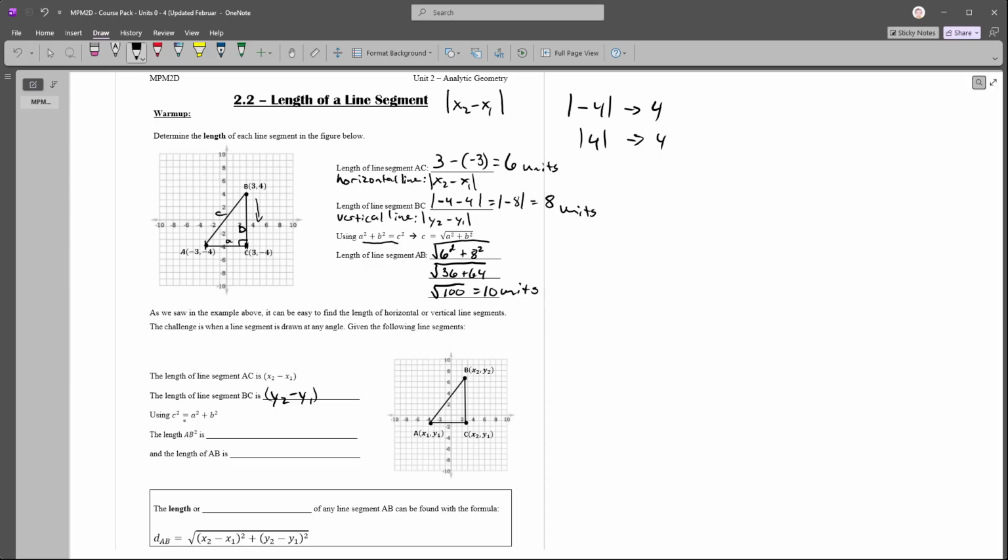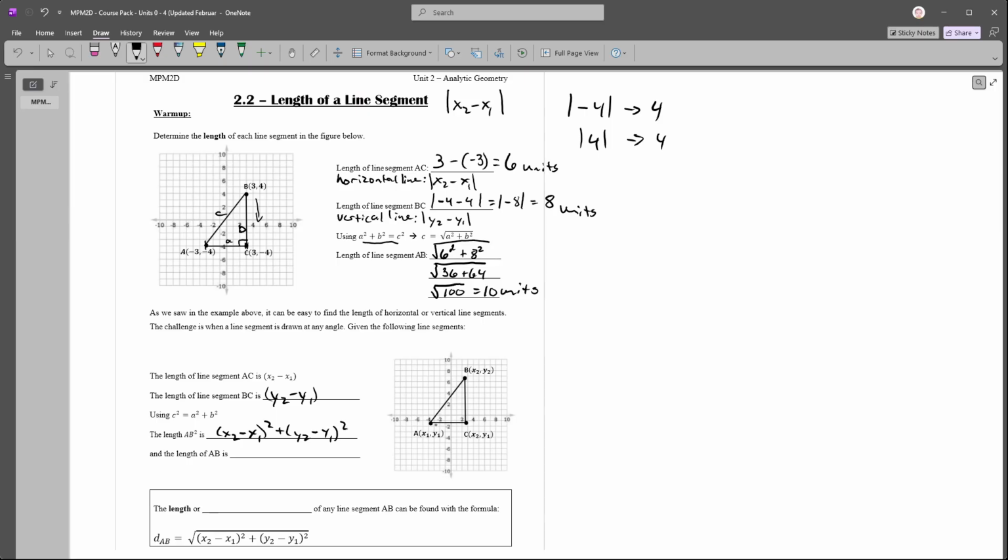So if we're going to use our equation up here, c squared is equal to a squared plus b squared, and keep the same idea, that means AB squared, still keeping the square, is going to be equal to our x2 minus x1 squared plus our y2 minus y1 squared.